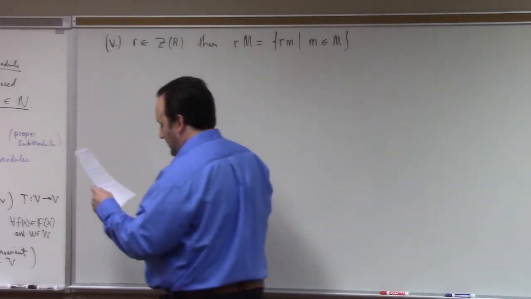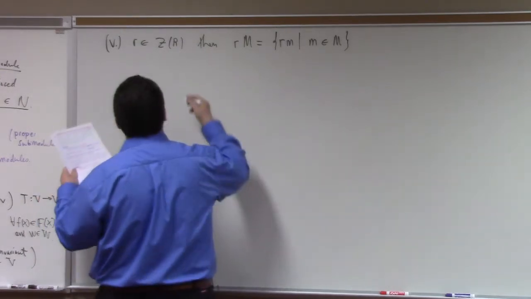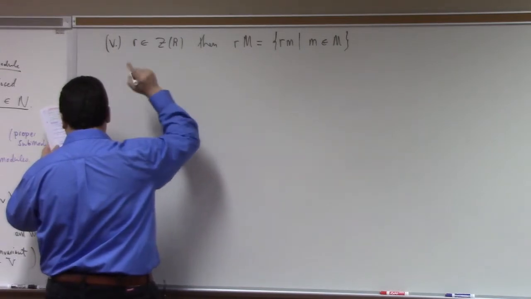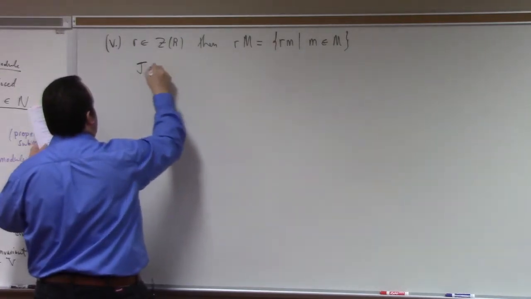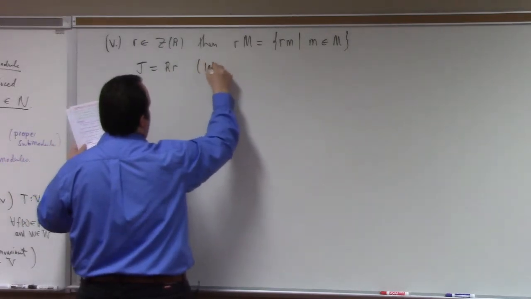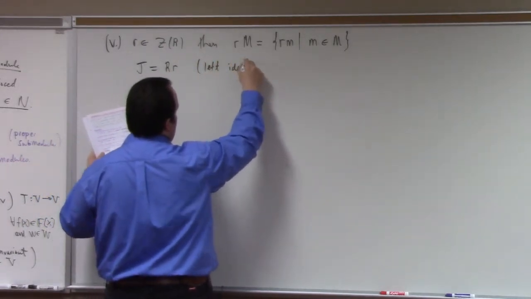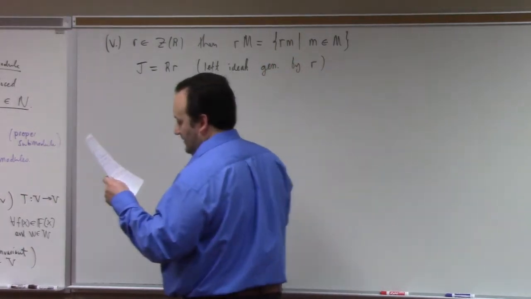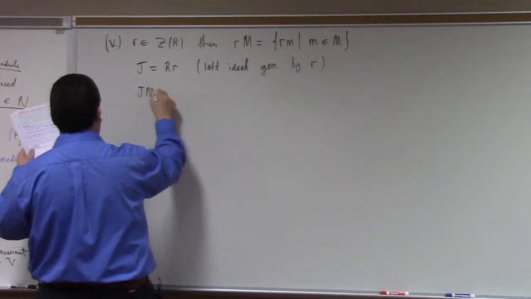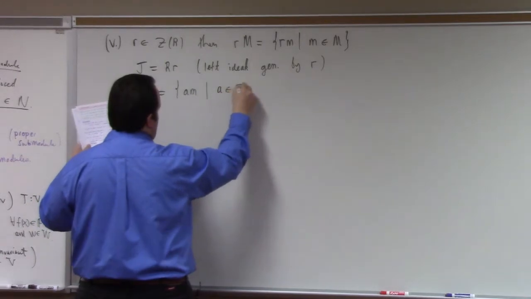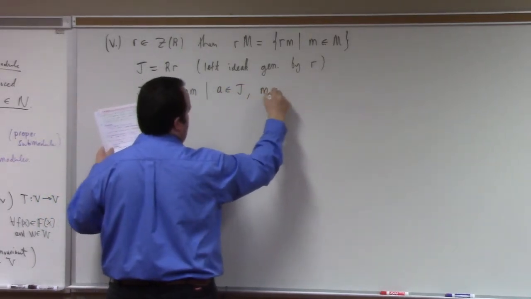But on the other hand, he defines, for something that's not necessarily in the center, you can let J equal Rr, which is the left ideal generated by r. And then he defines Jm to be am such that a is in J and m is in M. This is, again, a submodule.